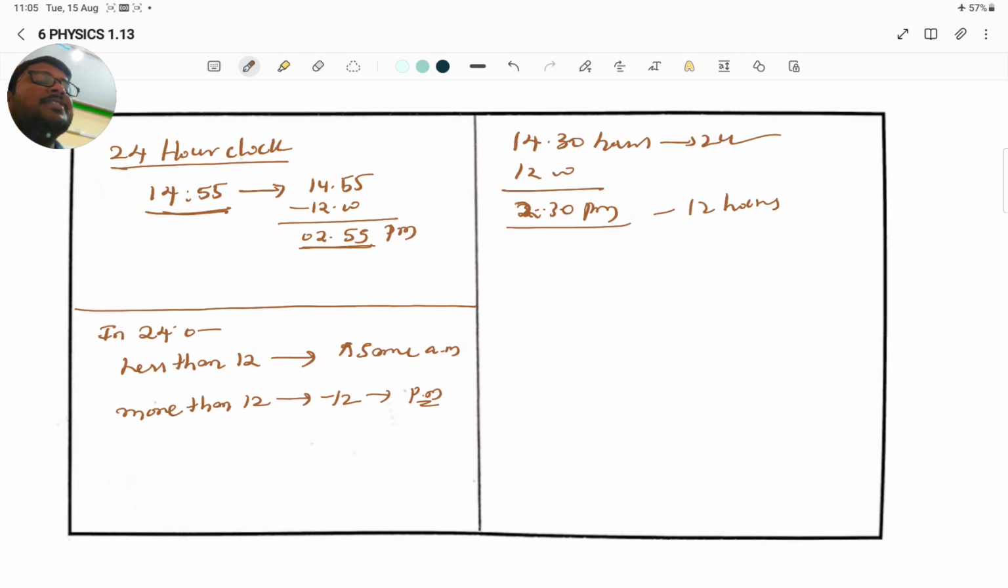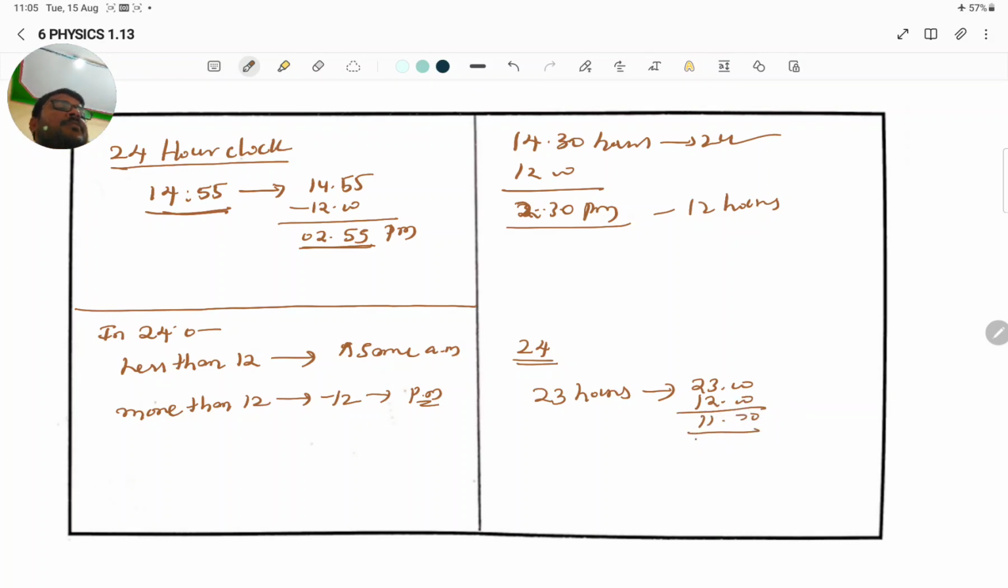For example, in 24 hour clock the time is 23 hours. Now we have to convert it into 12 hours: 23 hours minus 12 hours, how much? 11 PM. Night 11 PM is the correct answer.